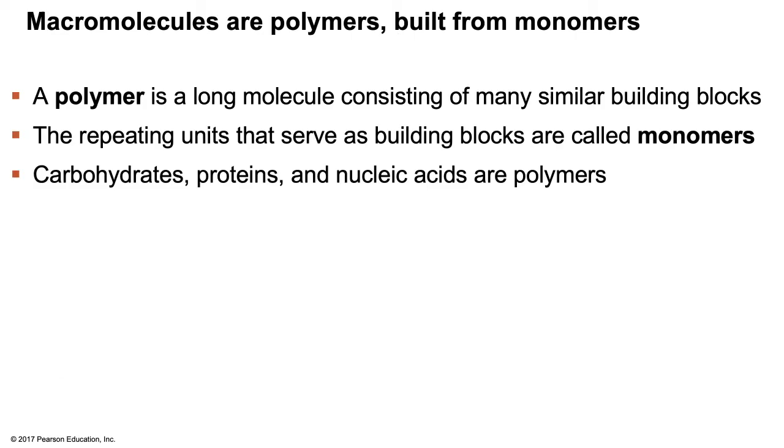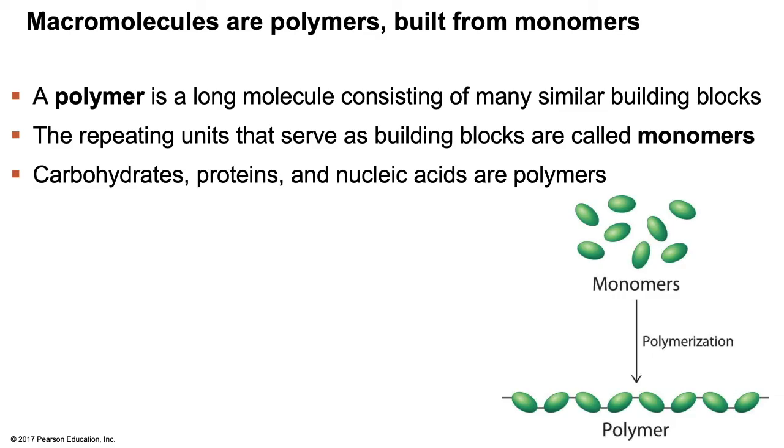Macromolecules are polymers, which are built from monomers. Monomers are repeating units that serve as building blocks, and polymers are large molecules consisting of many of these smaller building blocks. Mono means one, while poly means many.